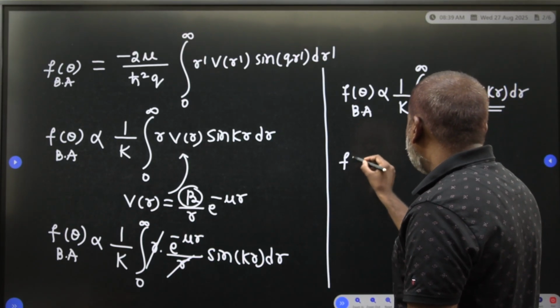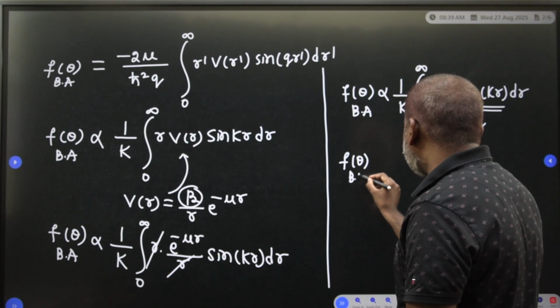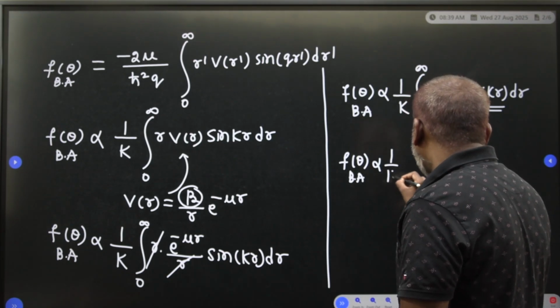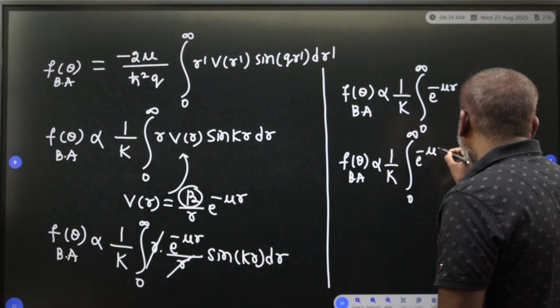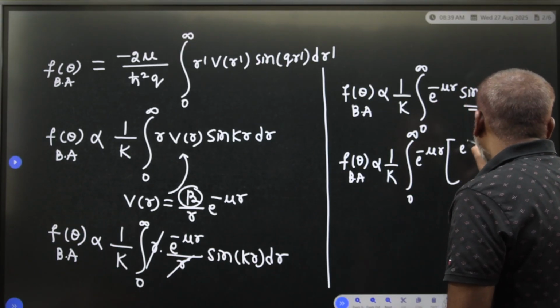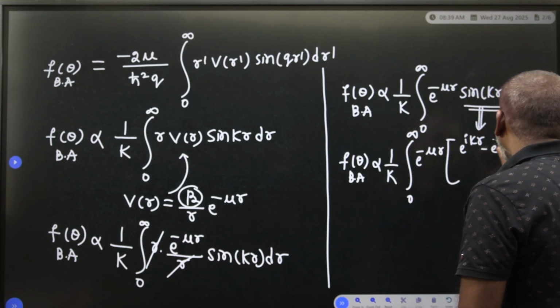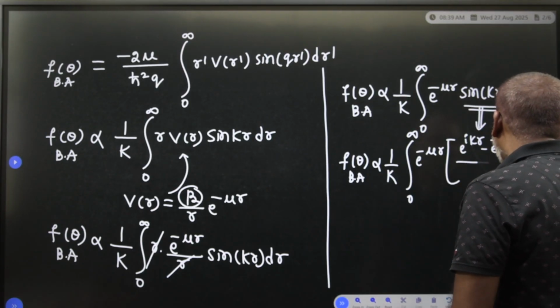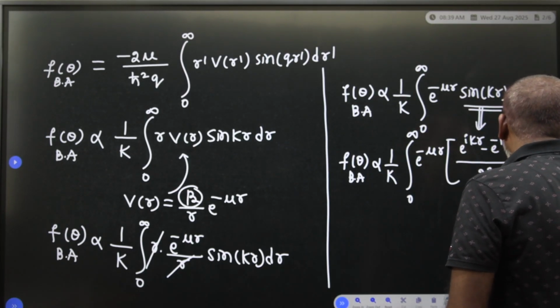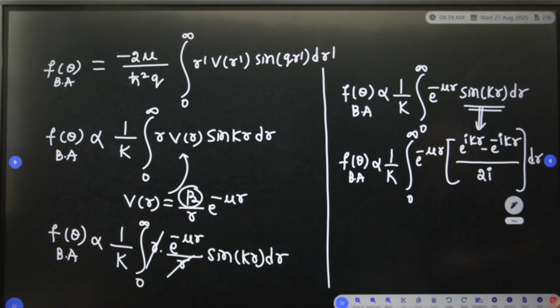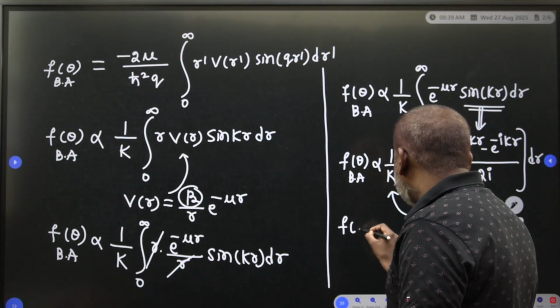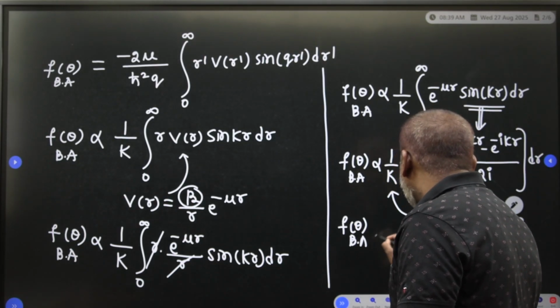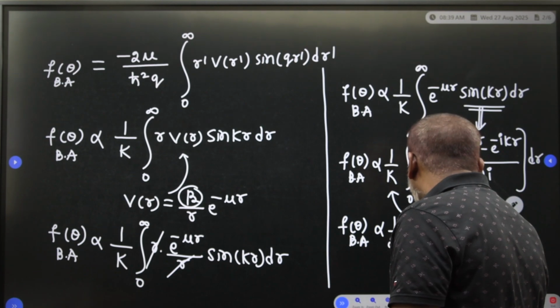F of theta under the Born approximation is directly proportional to 1 by k into the integral from 0 to infinity of e to the power of minus mu r, where sin kr is equal to e to the power of ikr minus e to the power of minus ikr divided by 2i, into dr. This 2i you bring to the front, so f of theta is proportional to 1 by 2ik.